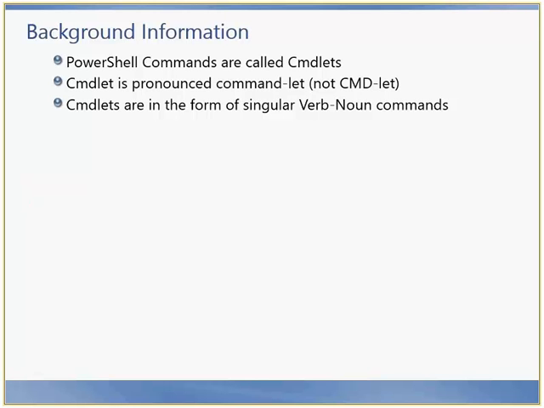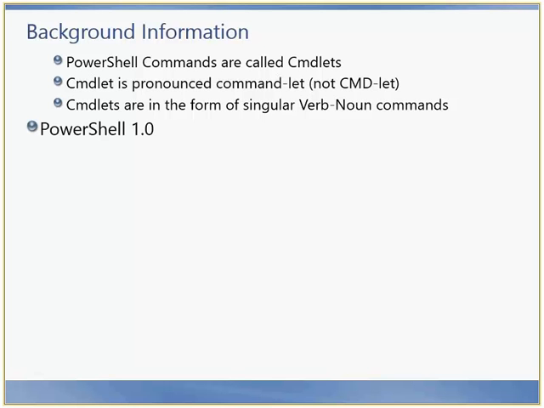So it's going to be Get-Service, not Get-Services. And it'll be Get-Service, and the dash is silent when you're saying that. You say Get-Service or Get-Process. And some of that's personal preference, but it's also what I've heard other people in the industry do.